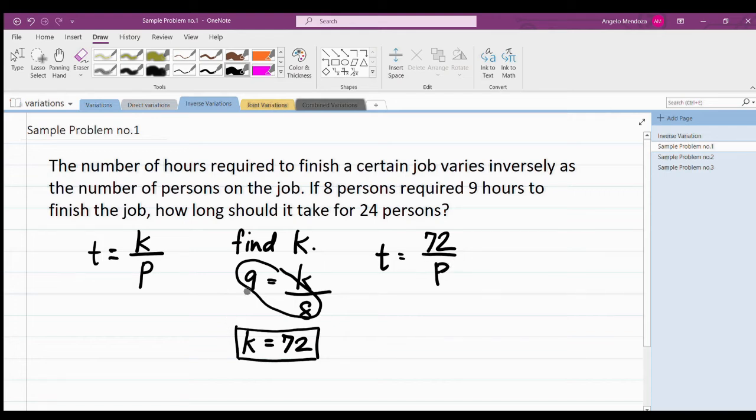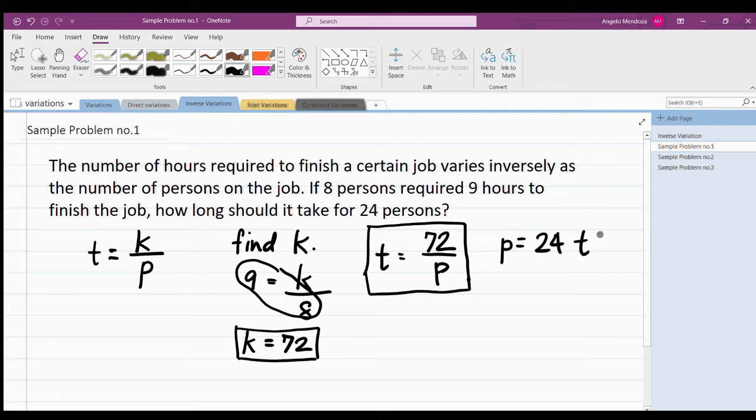Now the question here is, how long should it take for 24 persons? We have to look for the time wherein there are 24 persons involved. From our variation equation, p is 24.